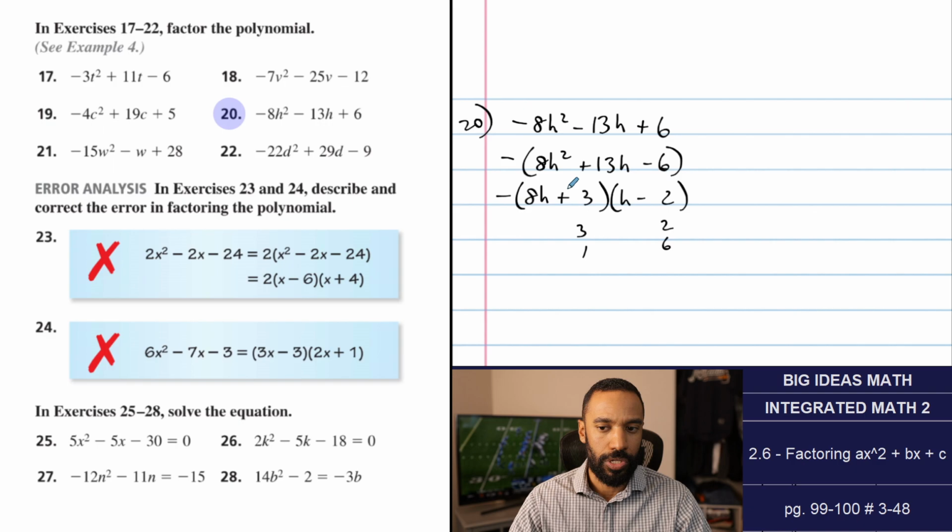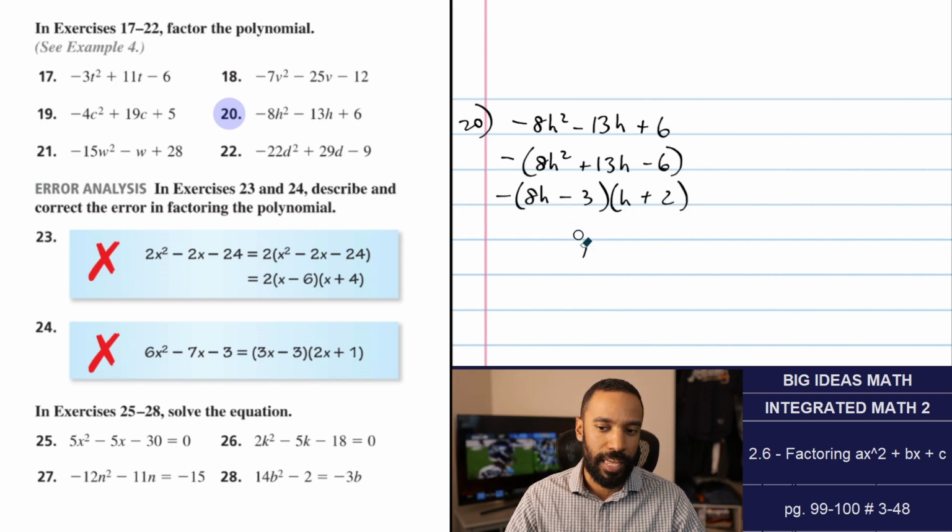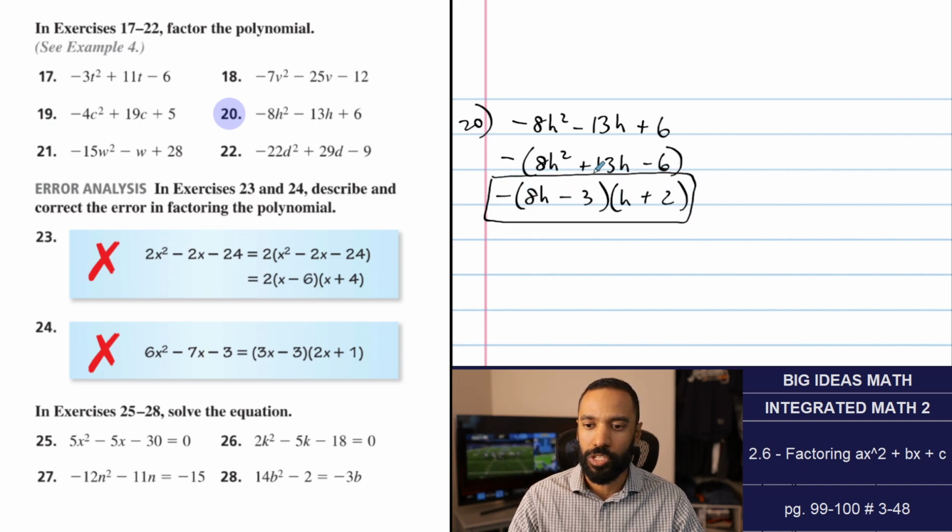Let's try 3 and 2. That's negative 16 plus 3 is negative 13. I need positive 13, so I'm going to switch these signs. Boom. The 6 would have given me 48. I could have told you right then it would have been too big. So that's not going to work. But this will. 16 minus 3 is 13.